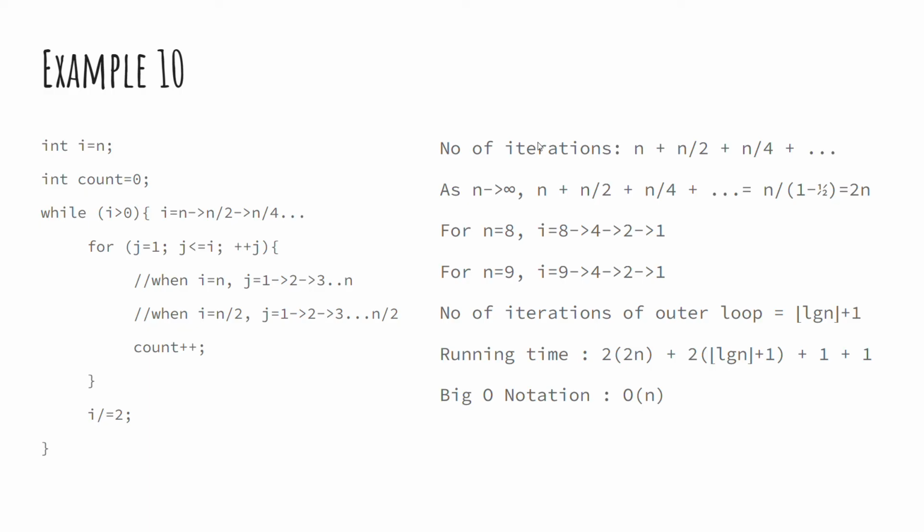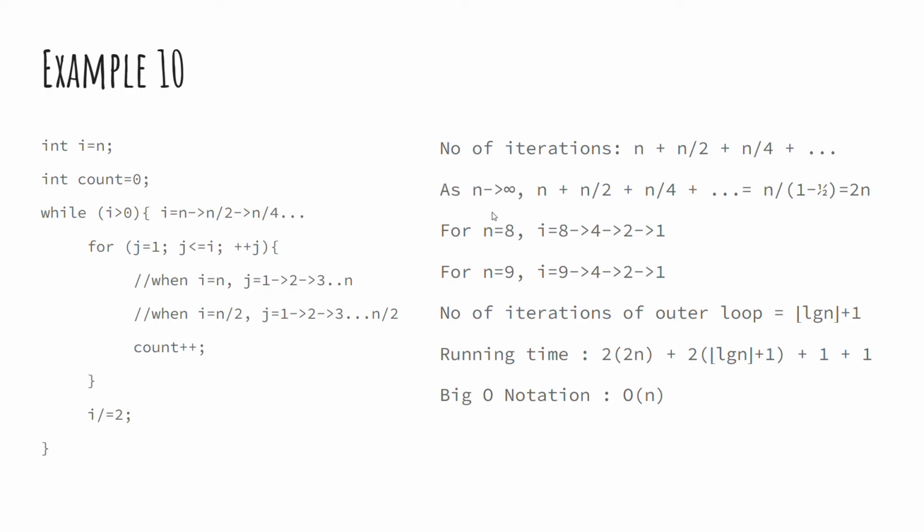The way we find the number of iterations in this case is by using the formula for a geometric series. When I equals n there are n iterations, and when I equals n by 2 we again have n by 2 iterations, and so on.